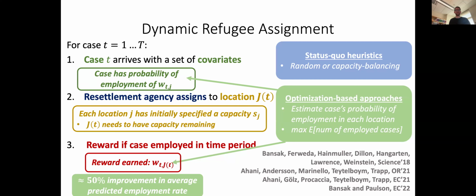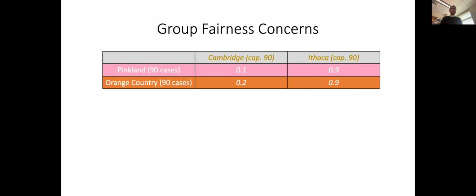At the same time, and this is where our work comes in, there are certain group fairness concerns associated with such an optimization. And in order to explain these, let me give you this very simple example in which refugees arrive from 2 different countries, from pink land and from orange country.